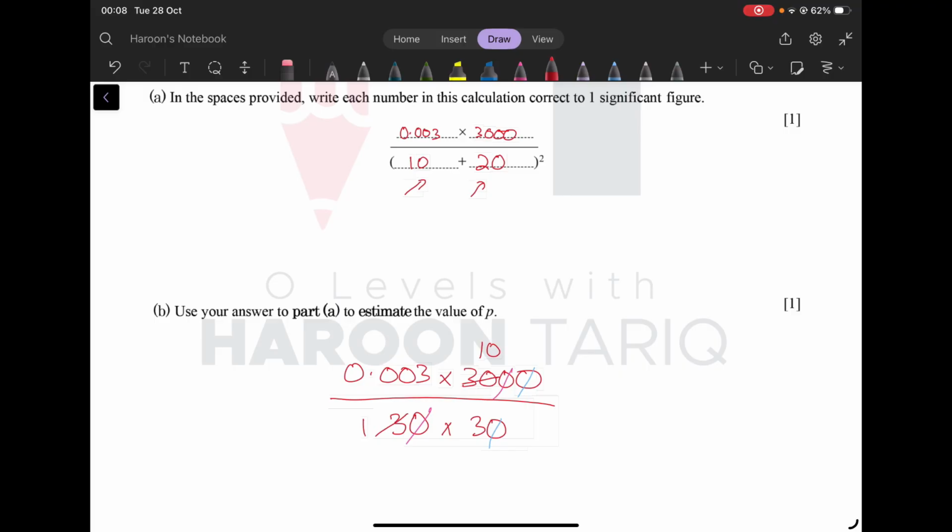Now when I say this is multiplied by 10, the decimal basically moves one place to the right. So this becomes 0.03. 10 is gone because I multiplied this by 10, and this is divided by 3.